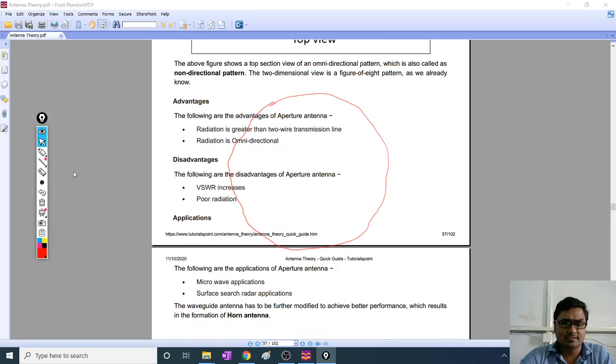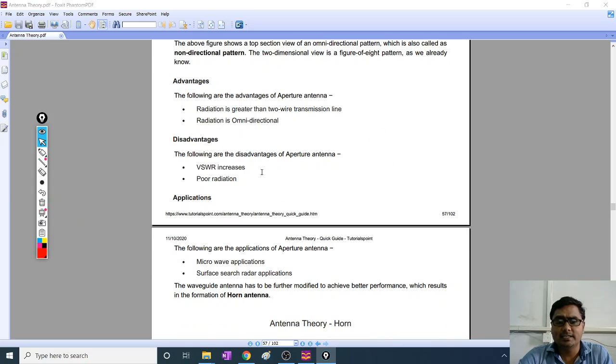Now, what are the advantages and disadvantages of that waveguide antenna? If I want to write advantages, then radiation is greater than a 2-wire transmission line, as I told you so many times, that it is better than a 2-wire transmission line, but it is not as much better as we are expecting actually. And the radiation pattern is omnidirectional.